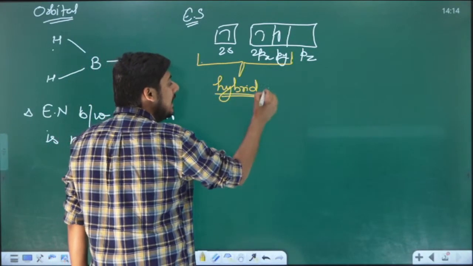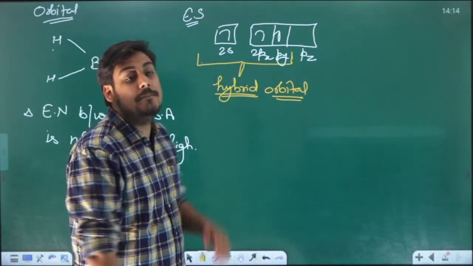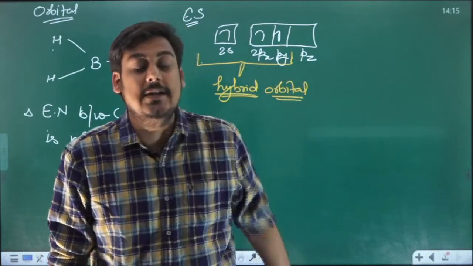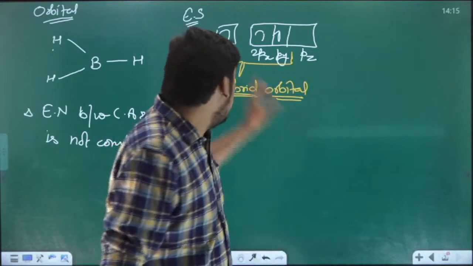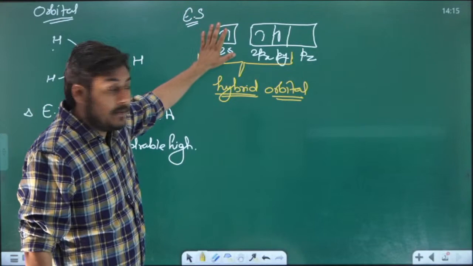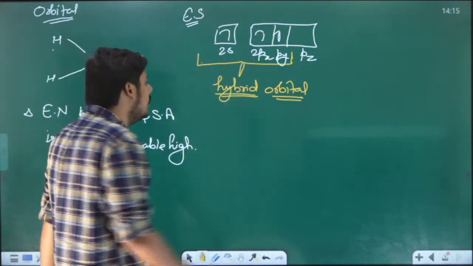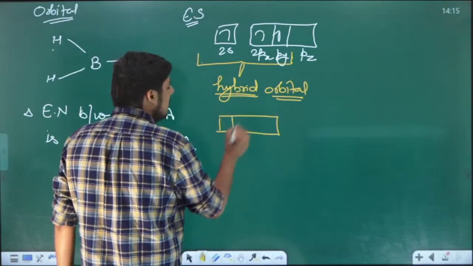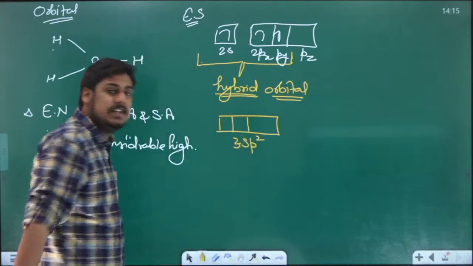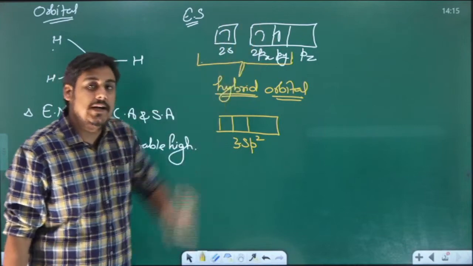By now I can assume that all of you know that hybrid orbitals form better sigma bonds than pure atomic orbitals. So the 2s orbital and 2p orbitals will intermix to form new orbitals, known as sp2 hybrid orbitals, whose energy is going to be the average energy of the 2s orbital and 2p orbitals.